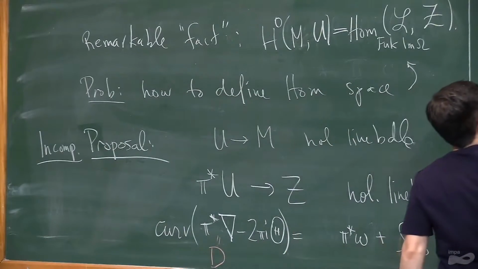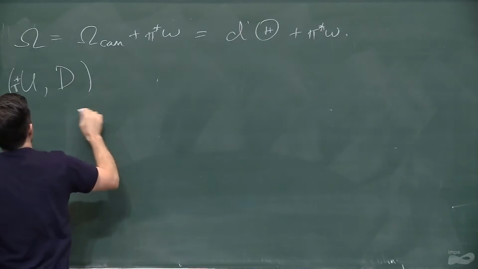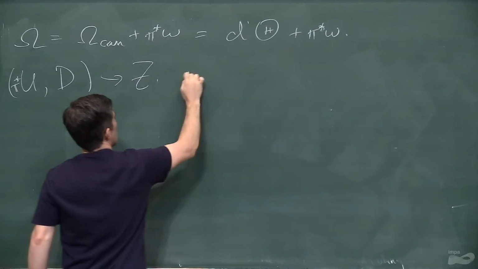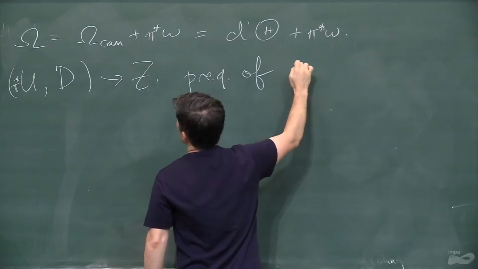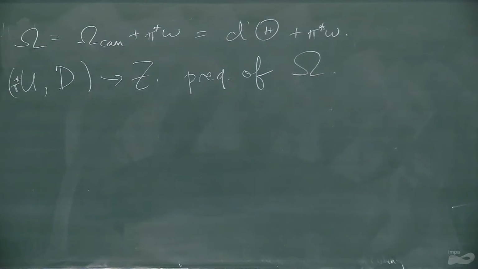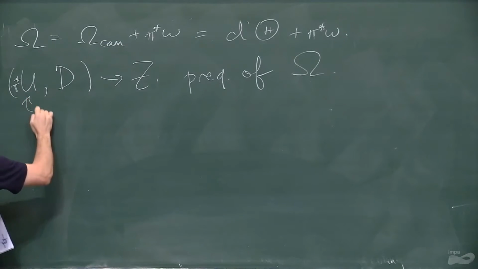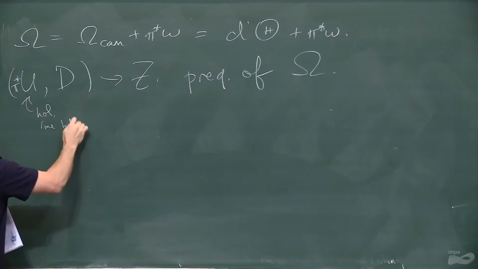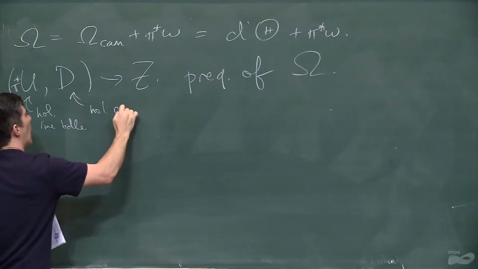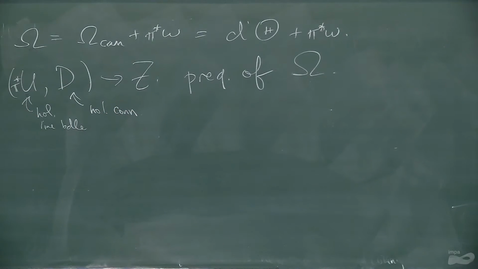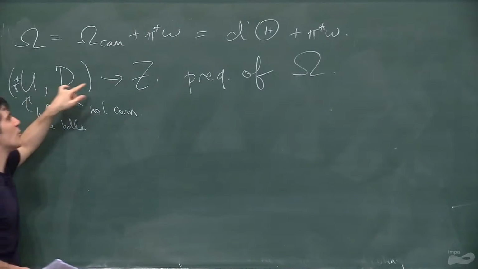So U with D over Z is a pre-quantization of omega. So now the holomorphic symplectic structure is pre-quantized by a holomorphic line bundle with a holomorphic connection. It's different from the usual geometric quantization where you would pre-quantize a real symplectic form by a unitary connection on a Hermitian line bundle. This is a holomorphic line bundle with a holomorphic connection whose curvature is this.